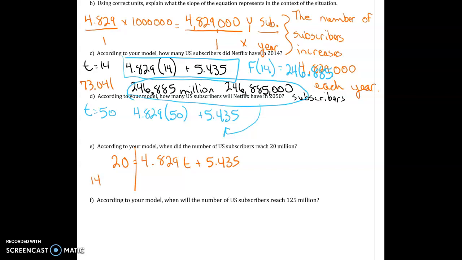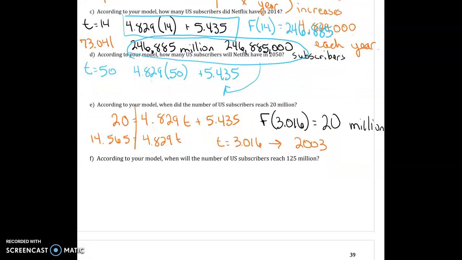That gives me this number, 14.565. And now to get t alone, I'm going to divide by that 4.829 number, and I get this. That's about 3 years, so somewhere in about 2003 this happens. So again, function notation. My function, if x is this value, gives me a value of 20 million.